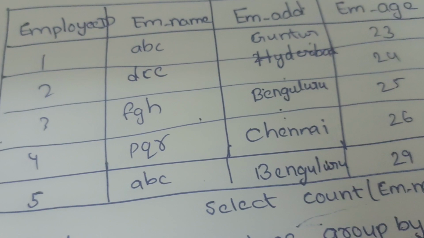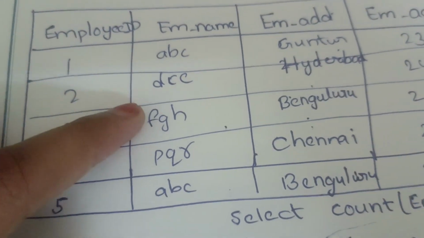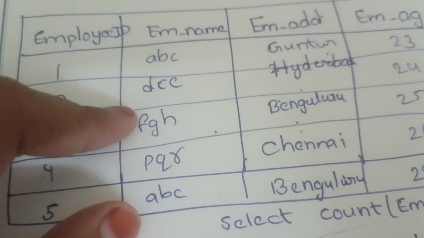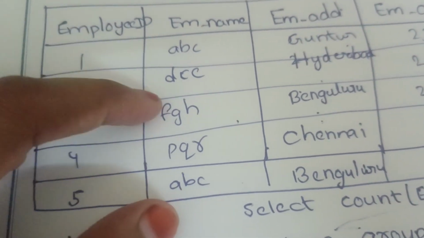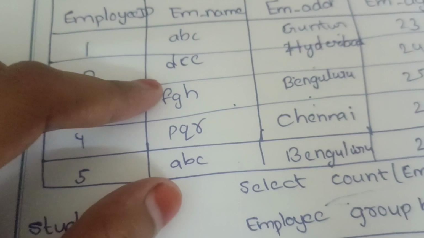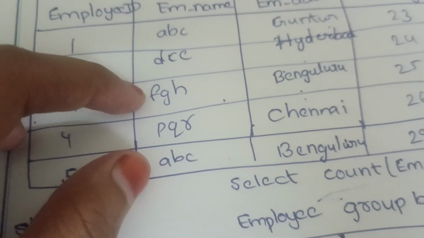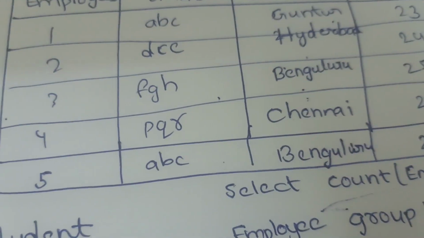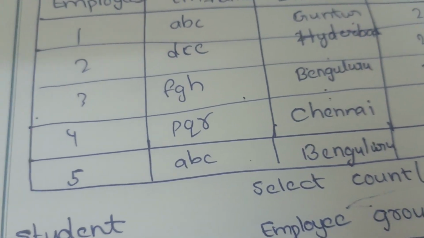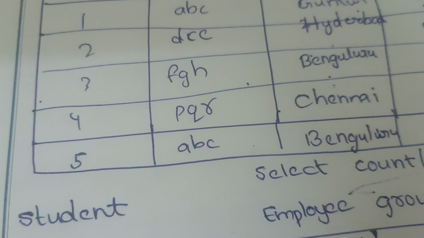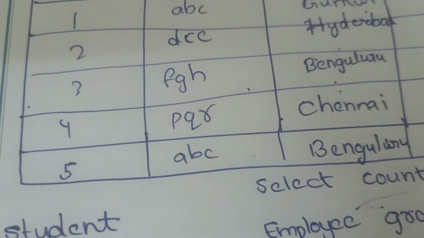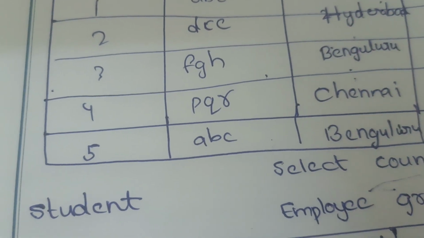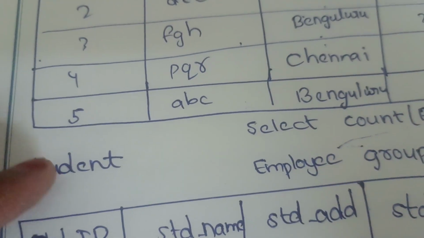That means we should get the output as FGH and ABC, because the Bangalore count is greater than 1. In that type of situation, we should use GROUP BY and HAVING.